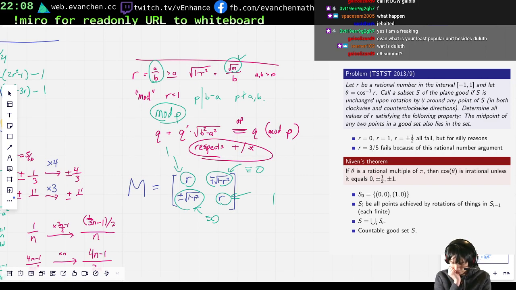So when r equals 5/6, the problem is that even though I can get... I'm really confused.